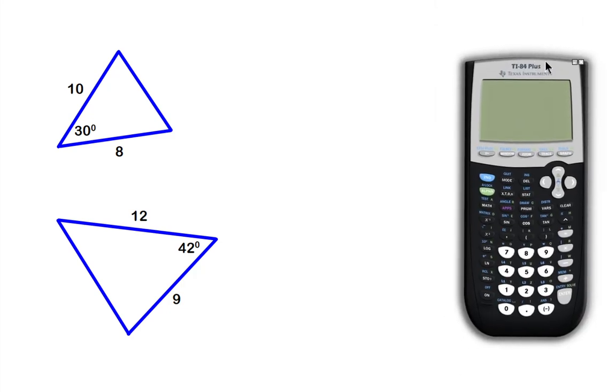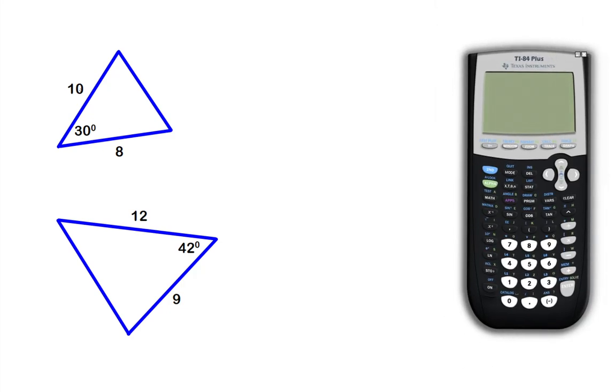So here's a couple of examples. So let's call this number 1. Okay, so you can see we do have this situation where we have an angle and two sides either side of that. So you've got two sides and the angle in between, and that's always the situation you need to use this formula. So let's have a look.